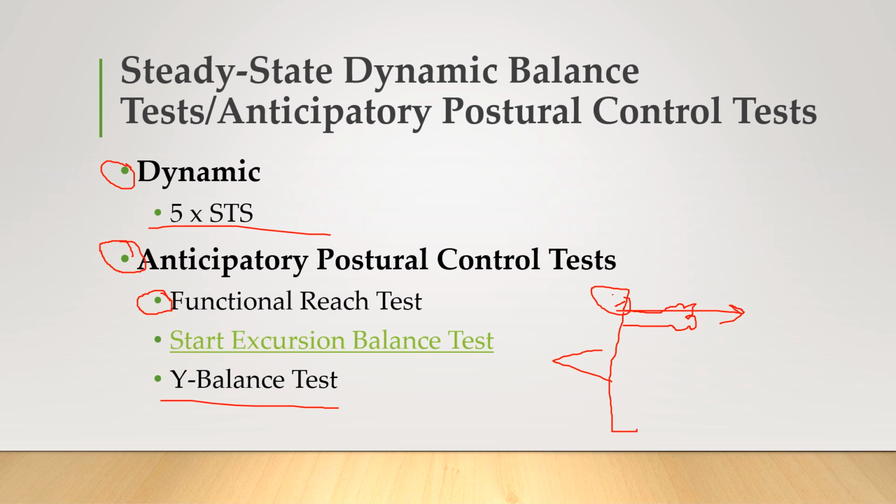So there are going to be 8 movements in the STAR excursion balance test as compared to 3 with the Y balance test. But this is another good anticipatory control test that tests anterior, posterior, lateral, anterior, posterior, medial stresses. And again, if you're curious about that, I encourage you to click on that video and watch it. But we did watch that one in class.